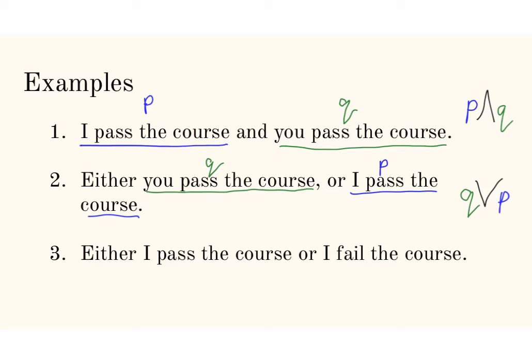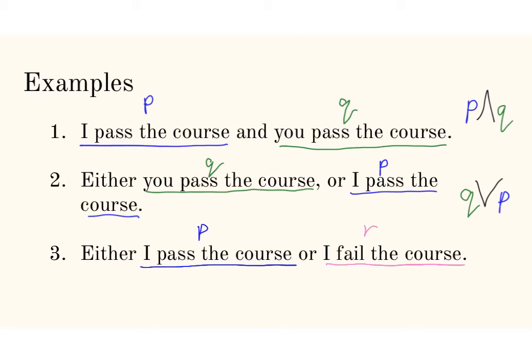So the logic we're talking about in number 3 is the exclusive or. So let's label our statements. I pass the course, we'll call that P, and we need a new letter for I fail the course because we haven't encountered that statement yet.